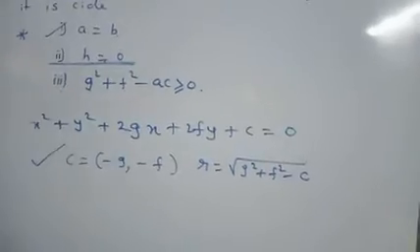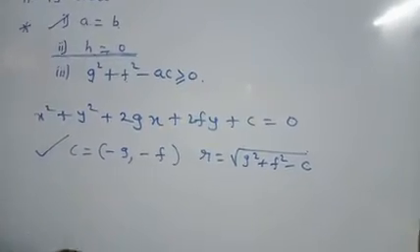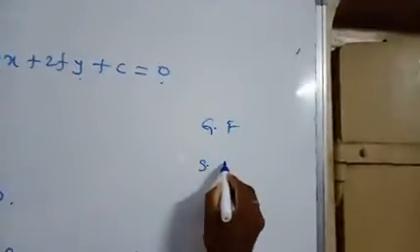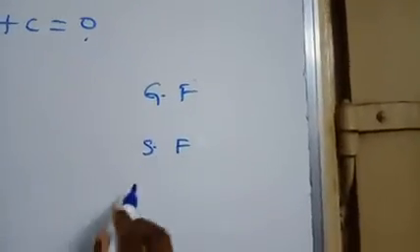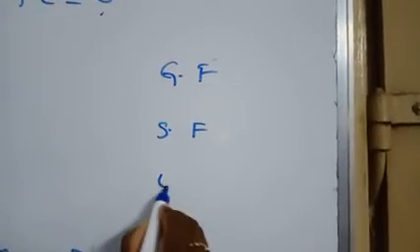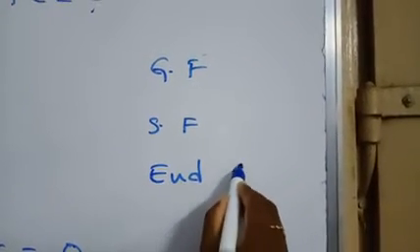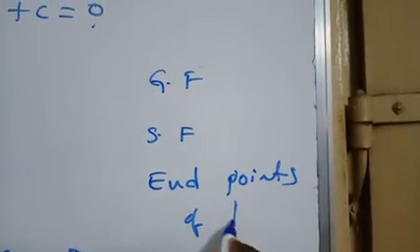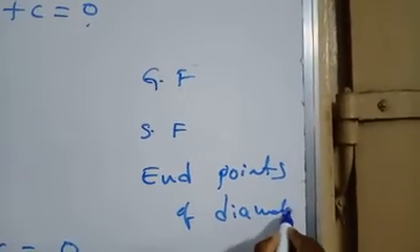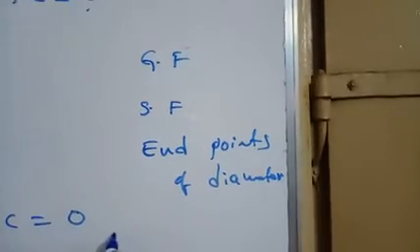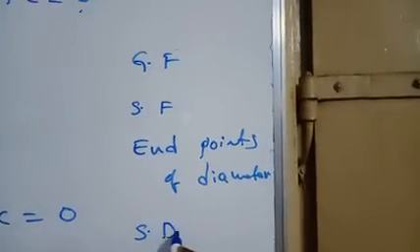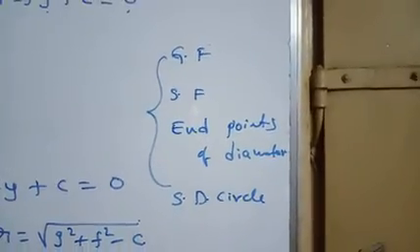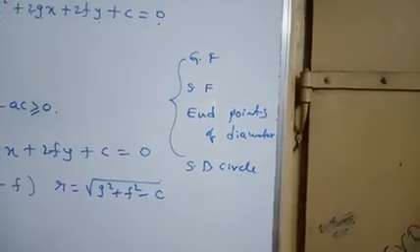Later we will discuss the three circle equations. First one, the general form of the circle equation, the standard form of the circle equation, endpoints of a diameter, and the second degree circle equation. So these are the five very important ones.